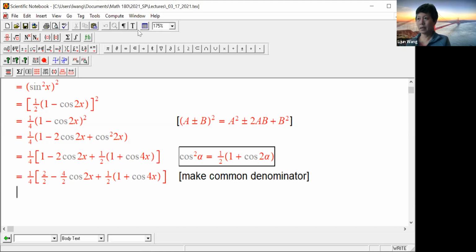Okay, and next, I have a quarter here. There are 3 terms: 1 term, 2 terms, 3 terms. You guys follow me? In these 3 terms, I have a half as a common factor. So I'm going to factor that out.